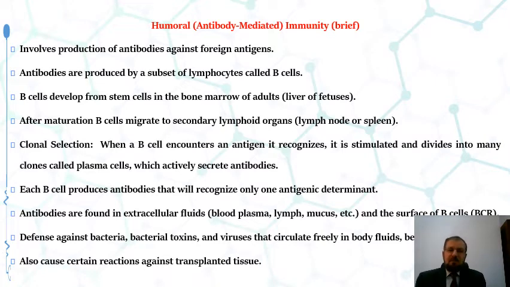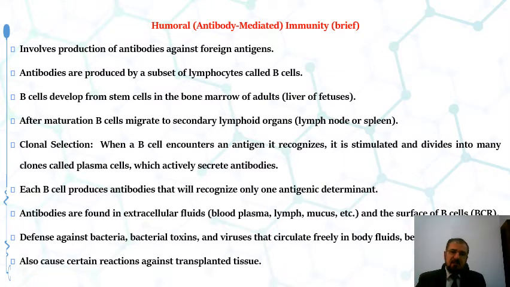Then the immature B lymphocyte completes the maturation process inside the secondary lymphoid organ. Once the B lymphocytes reach the secondary lymphoid organ, for example the spleen, they are said to be T1 B cells, transitional 1 B lymphocytes.